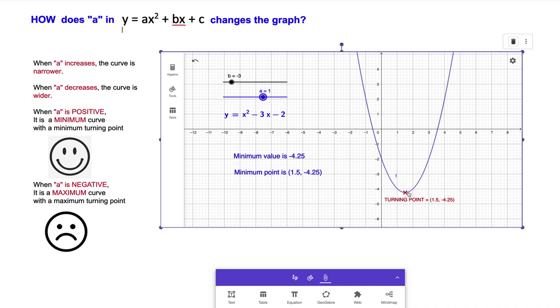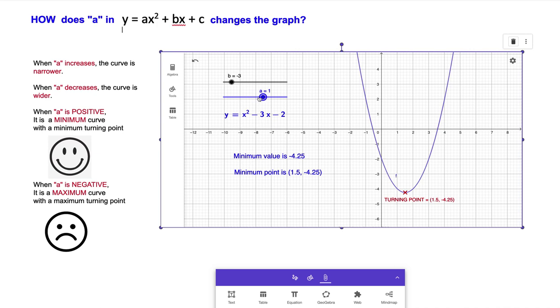And the lowest point here is 1.5 comma negative 4.25. So when a is positive, we have a minimum curve, and we can remember that by thinking that if we are positive, we smile. So when a is positive, we have a minimum curve which looks like a smile, and we have a minimum point and a minimum value of y.